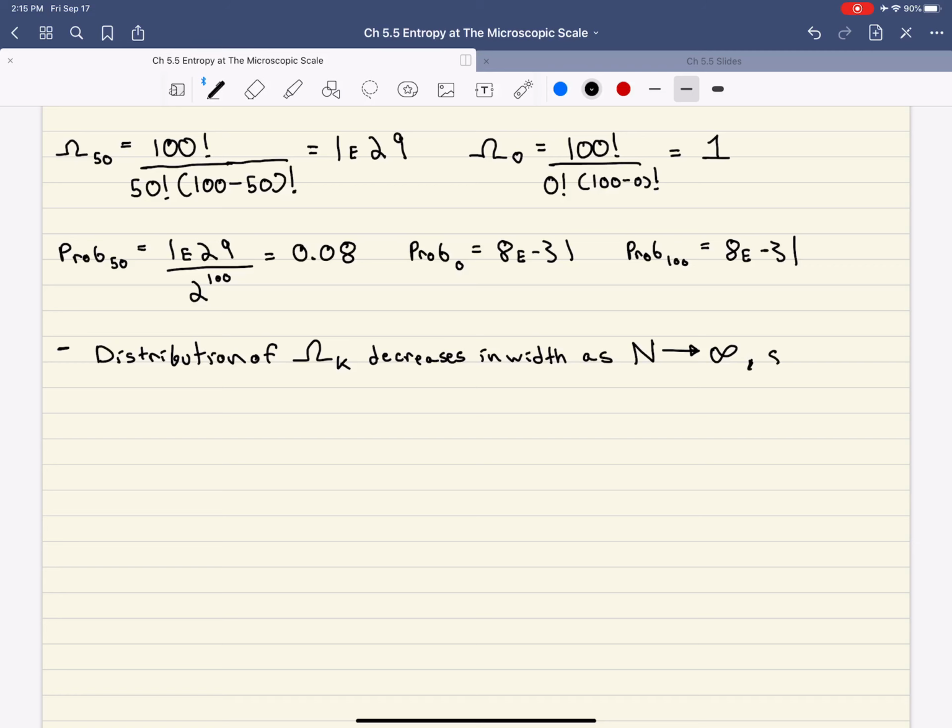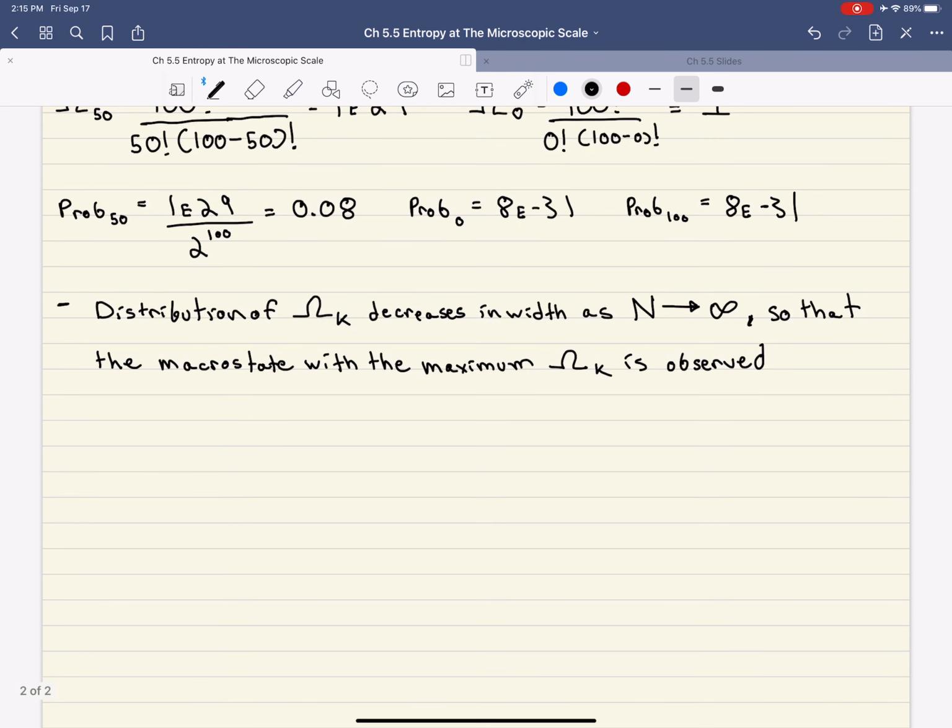At this limit, really the only macrostate that has a reasonable probability is the one that's observed.